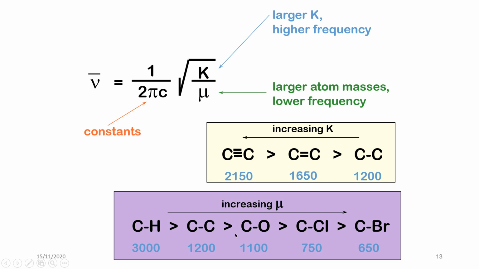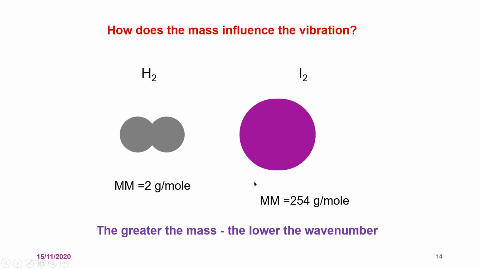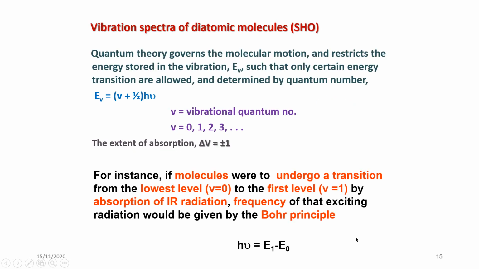Similarly, as the atomic mass increases, there is a decrease in the frequency. How the mass influences vibration of a diatomic molecule can be visualized with this picture. Greater the mass, lower the wave number.